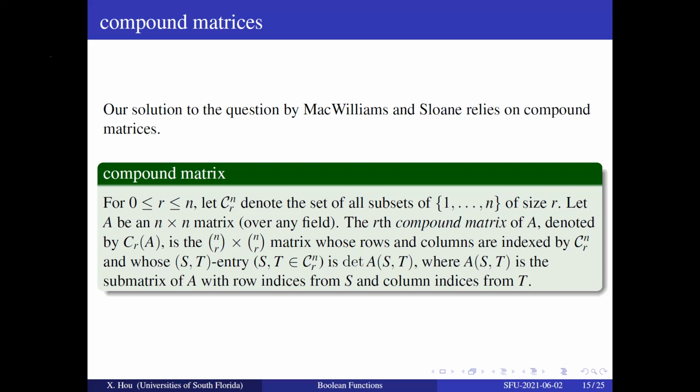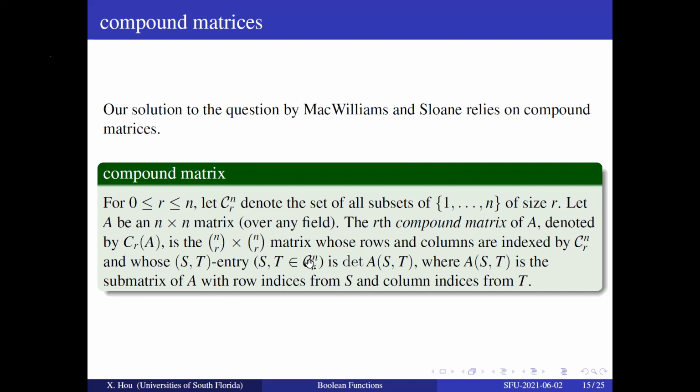Its rows and columns are indexed by r-element subsets of the set 1 through n. And then how do we define the entry? Let's say the S, T entry, where S and T are two subsets of 1 through n of size r.